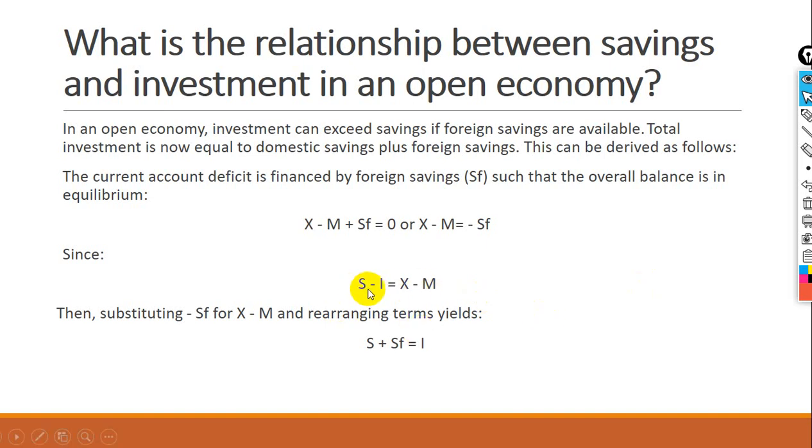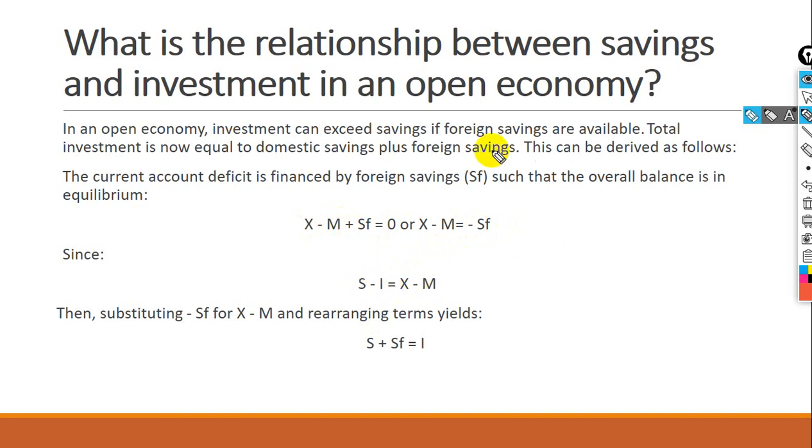So we are going to rearrange the equation so that X minus M plus SF equals 0. This means that X minus M equals negative SF, which is foreign savings.